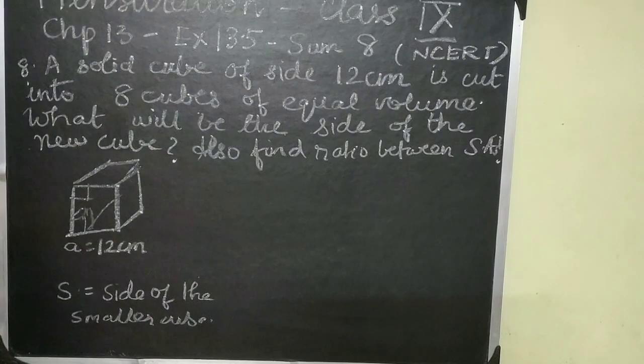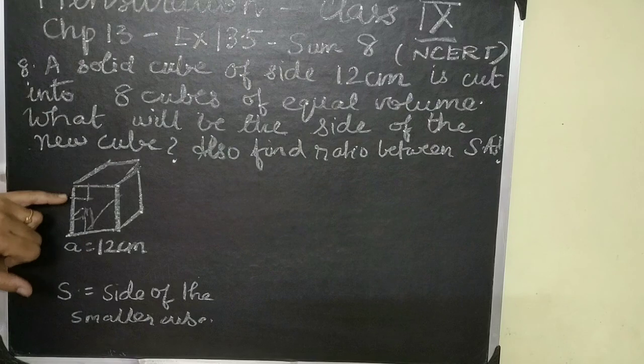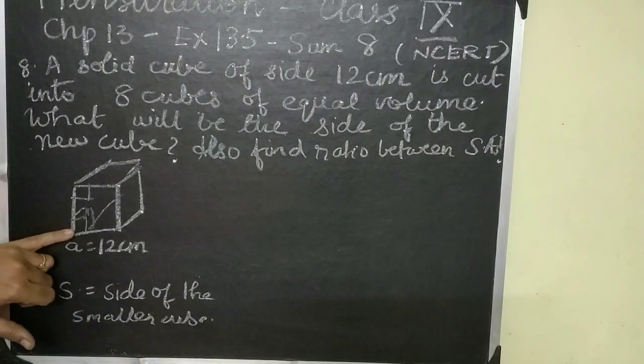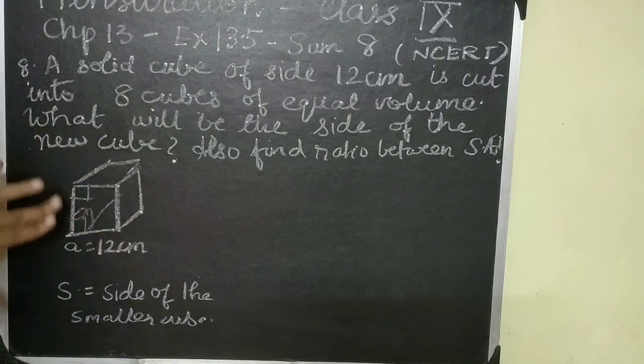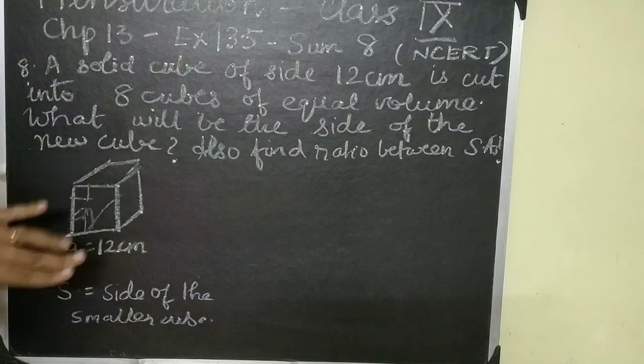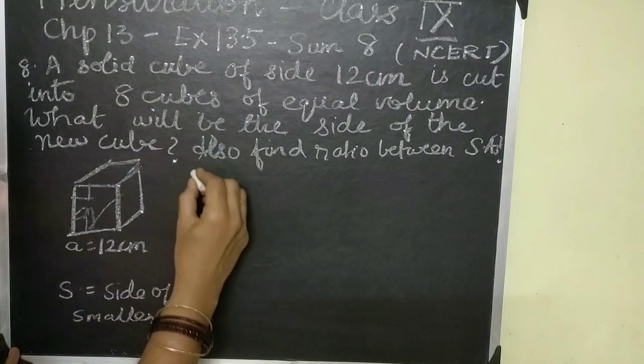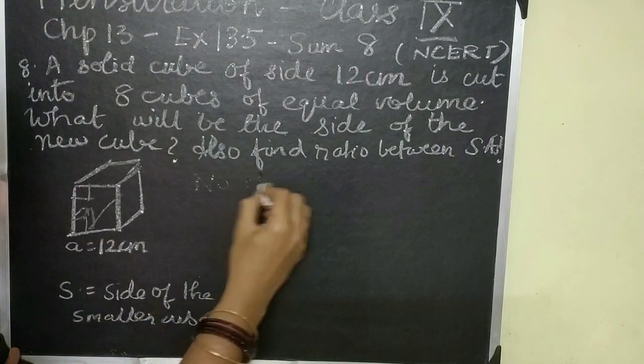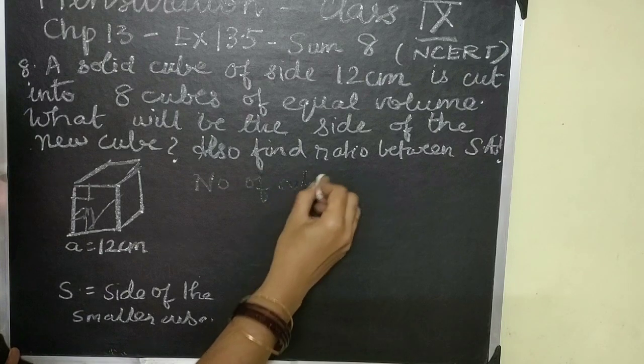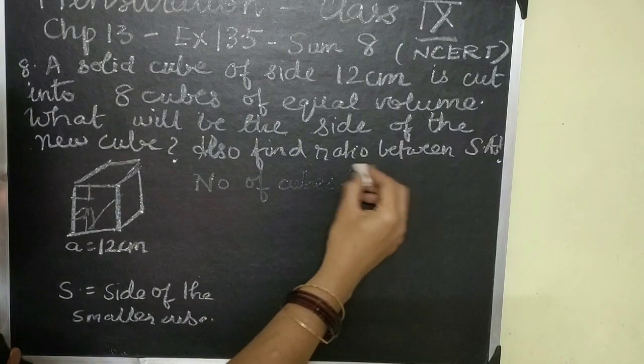Since they are all identical, the number of cubes which can be kept inside this box will be equal to the total volume of the single big cube divided by the volume of one single smaller cube.